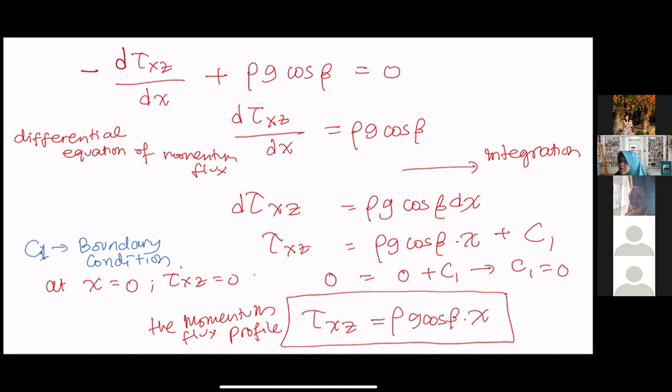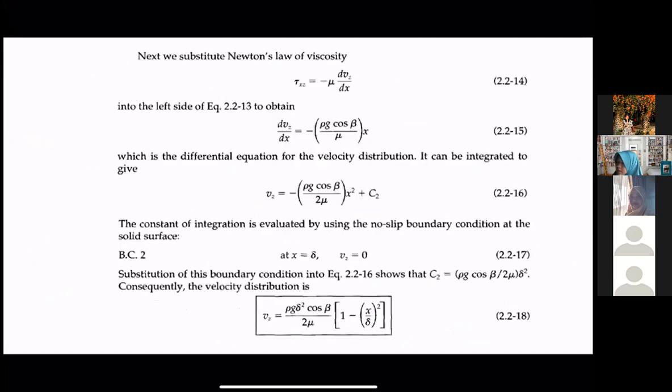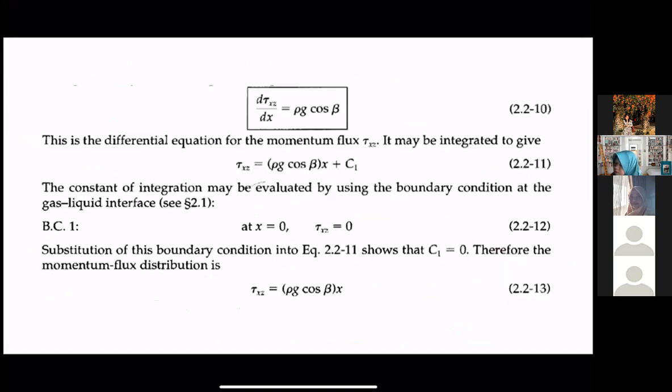Now once we got this, see, the momentum flux profile or the momentum flux distribution is tau xz equal to rho g cos beta, which is a number, multiplied with x. If I want to draw the schematic, let's say this is the flow of the falling film, and this is when x equal to 0, this is x equal to delta.